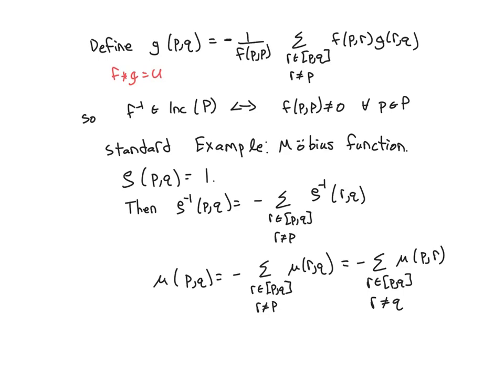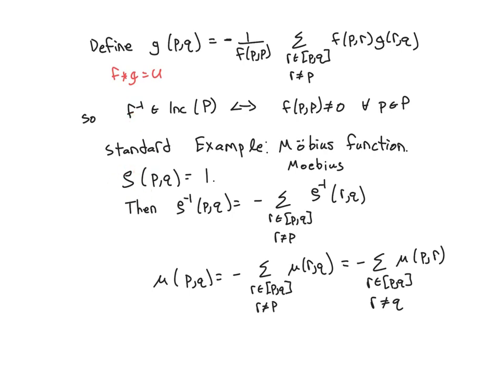And the standard example in this theory of partially ordered sets is the Möbius function. If you can't write it with the umlaut, it's often written this way as well. Yes, the same mathematician the Möbius strip is named after. And that's the multiplicative inverse of the zeta function.